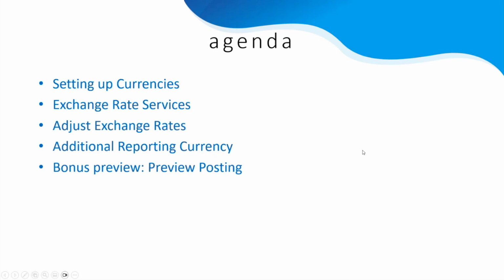We're continuing on. So quickly, what we're going to go through is setting up currencies, exchange rate services. That's just to update your exchange rates on a daily basis automatically.